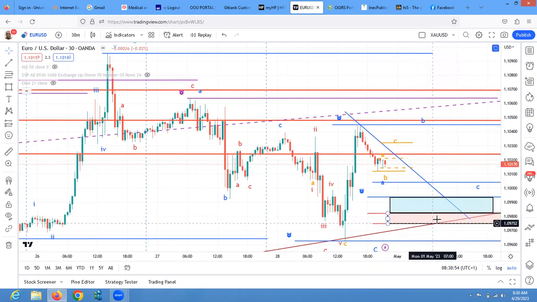And this is the area that price should not break before we turn to the upside. But price could actually do 50 and go, but the structure will tell us if they're going to go deeper or not.